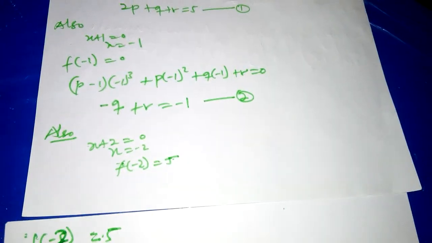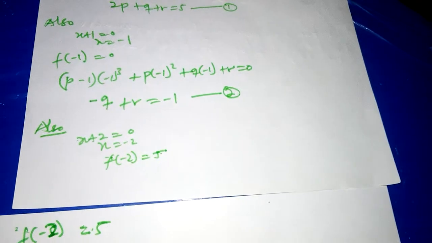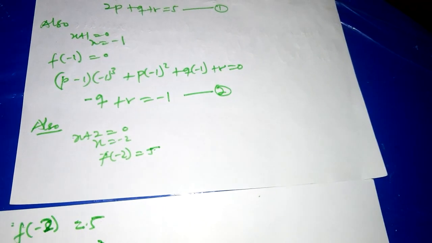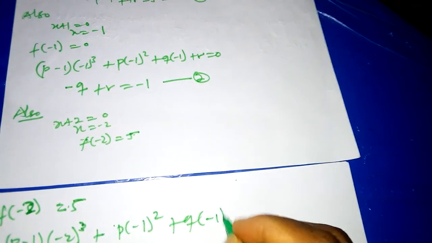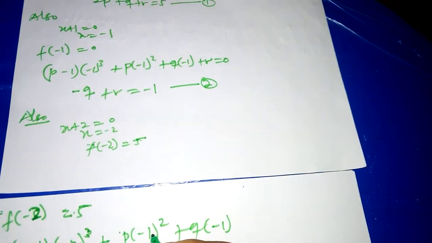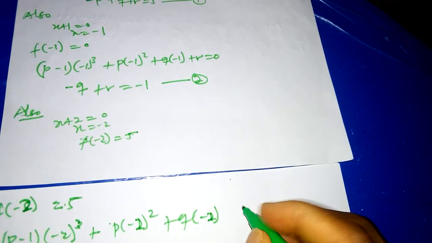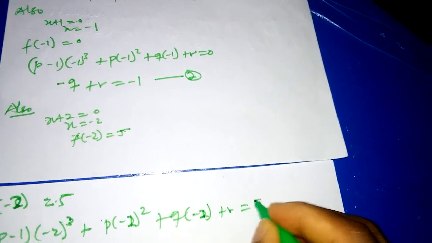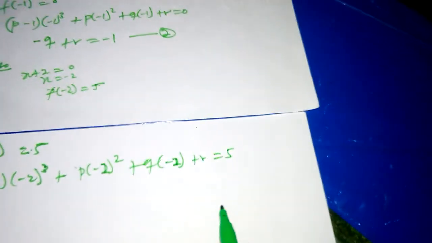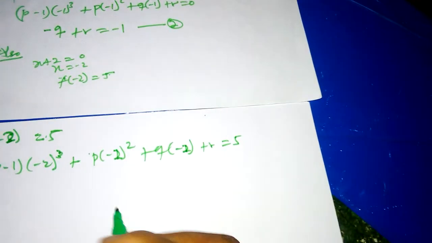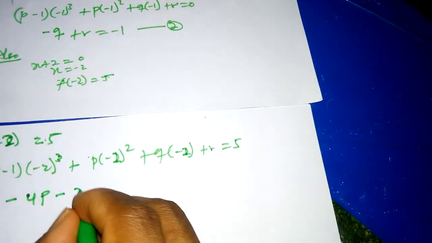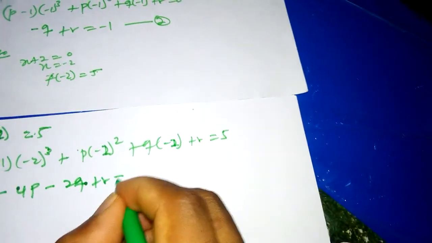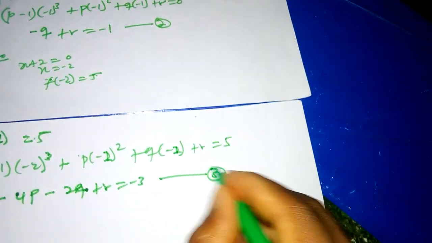That gives us p minus 1 times negative 2 cubed plus b times negative 2 squared plus q times negative 2 plus r, which equals 5. Then we simplify and we get minus 4p minus 2q plus r equals negative 3. This gives us equation 3.